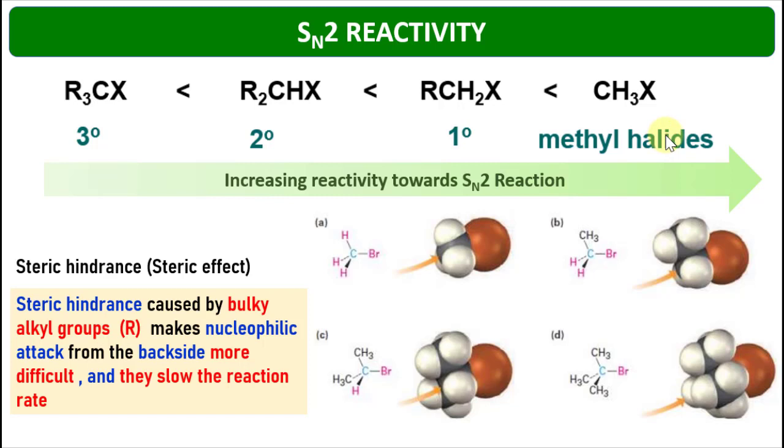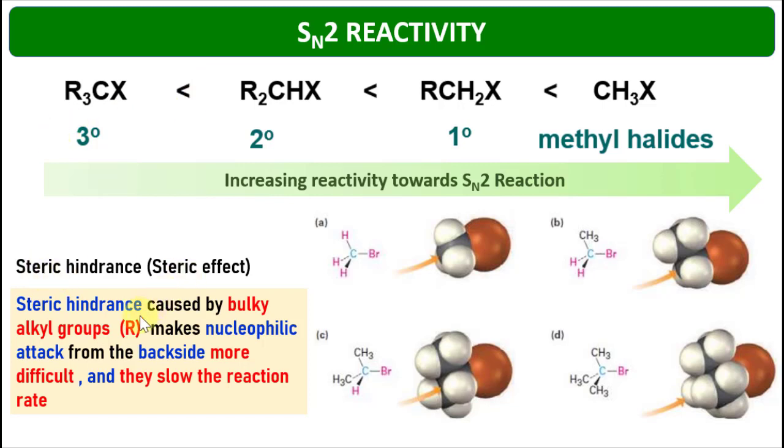In SN2 reaction, the methyl halide reacts most rapidly and the tertiary halides react so slowly that they can be considered unreactive. The important factor that determines the order of reactivity in the SN2 reaction is the steric effect.